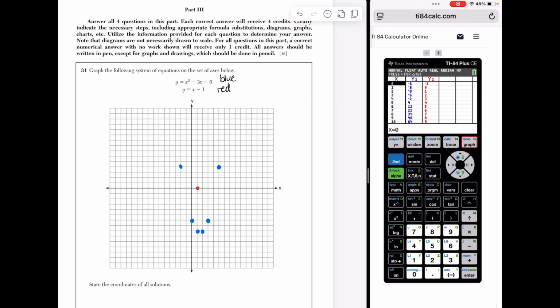When x is 0, I get -1. So this is just going to be like a regular x minus 1. So it's linear, just x minus 1. So that's easy enough for me to graph.